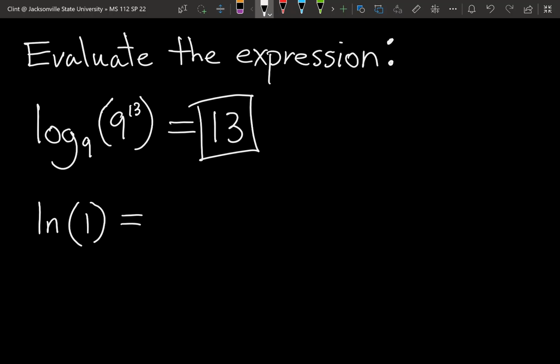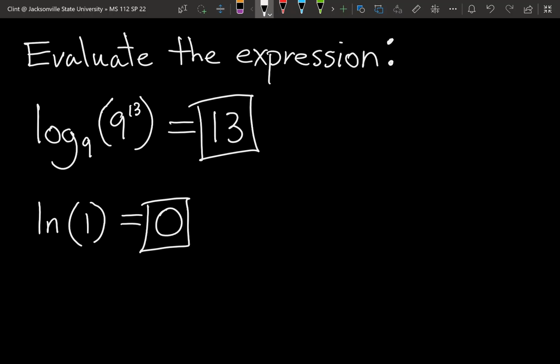It's going to be 0. As it says, the base to what power gives us 1? The base to the 0th power will give us 1.